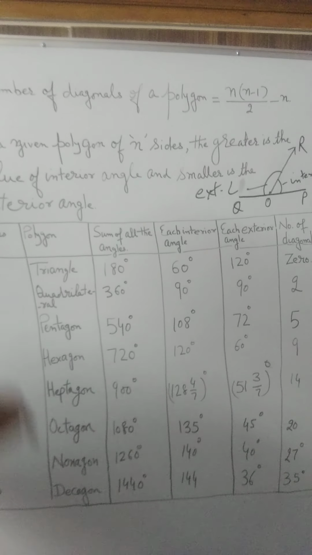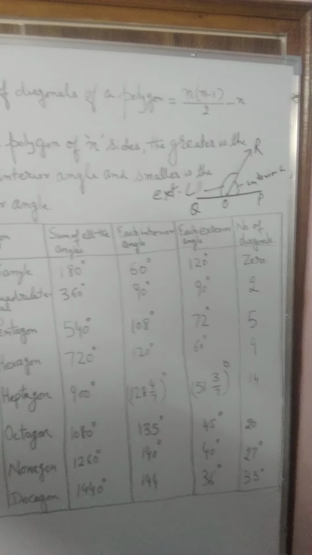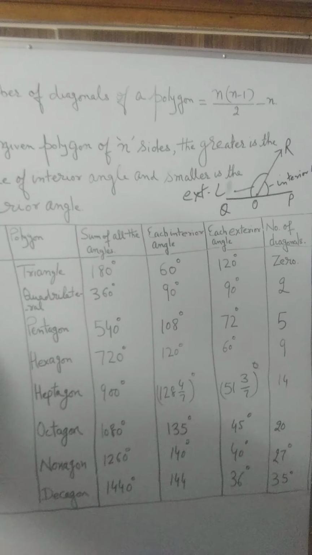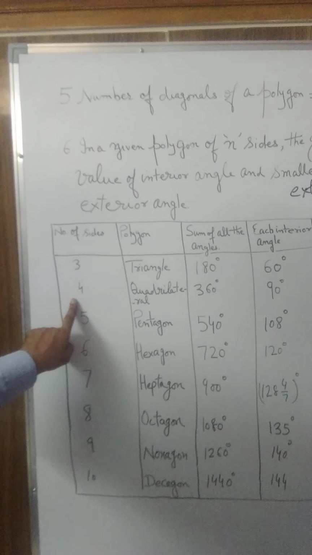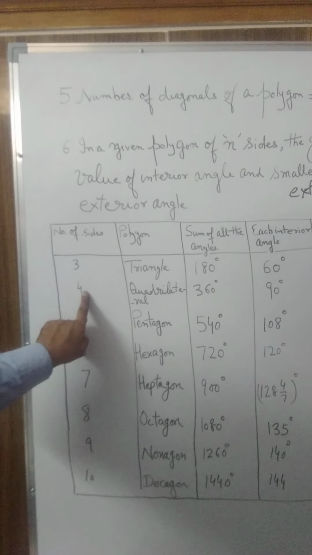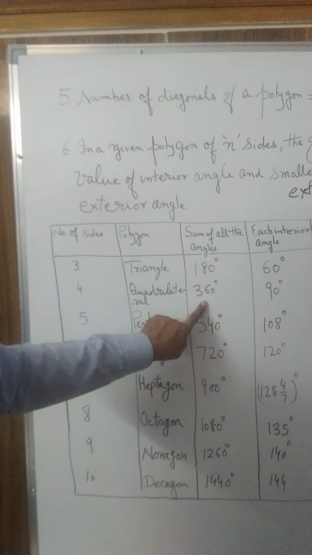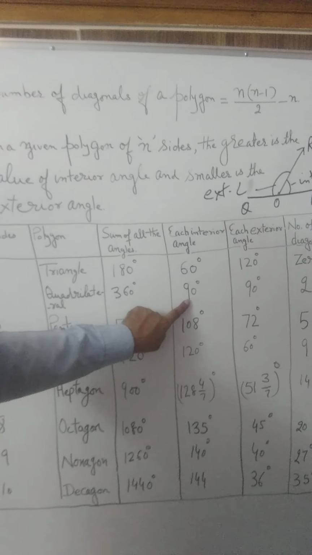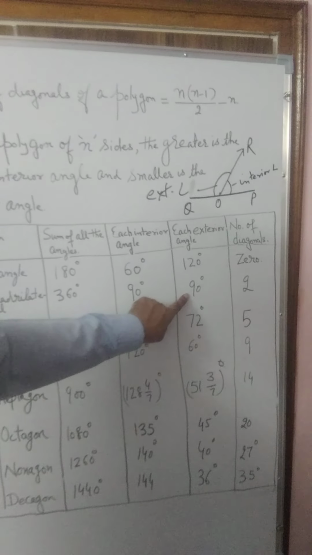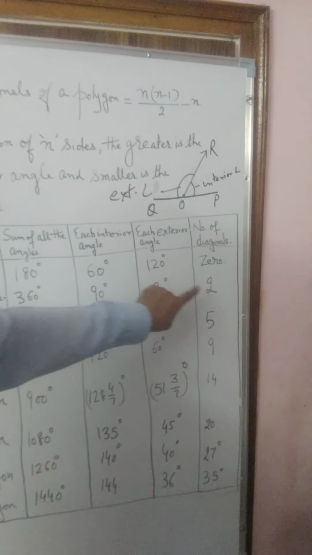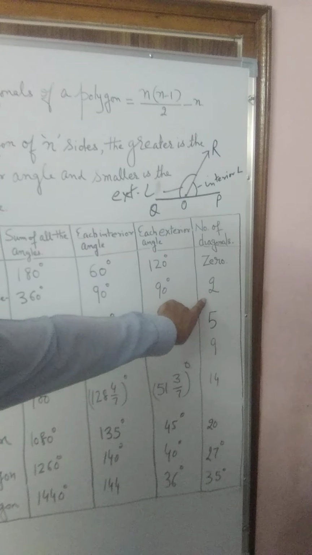Now come to the second one. In a quadrilateral, we have number of sides 4. See on the table, number of quadrilateral sides is 4. It has sum of all the angles 360 degrees, each interior angle 90 degrees, each exterior angle 90 degrees, and number of diagonals is 2.